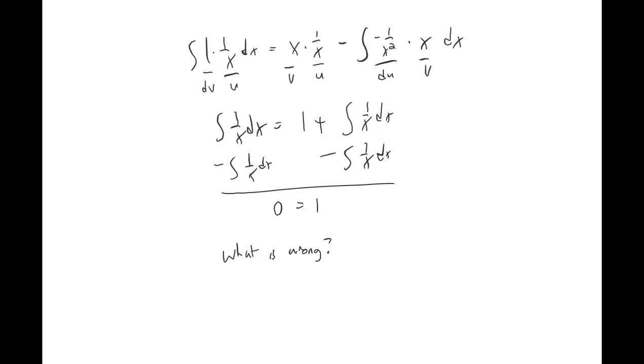I got 0. Obviously we all know this is natural log. You don't need to integrate by parts here, but you could certainly do this. So let me ask this: is the integration by parts wrong, or is that correct?